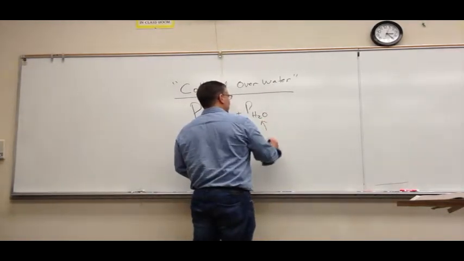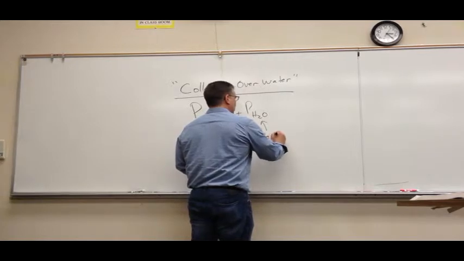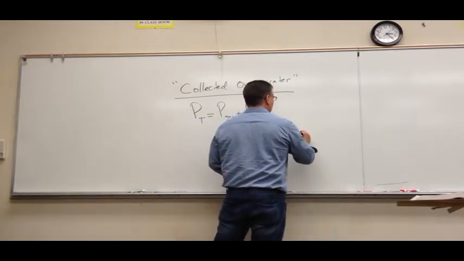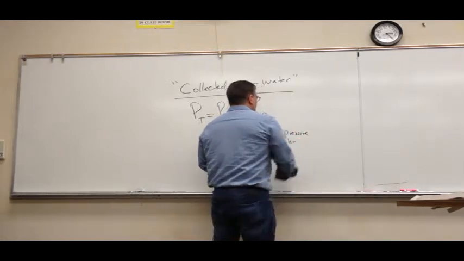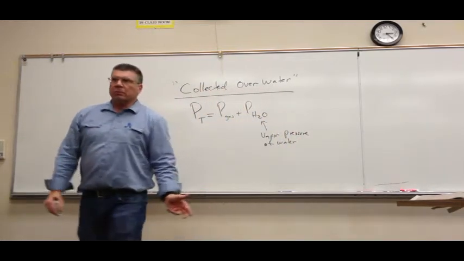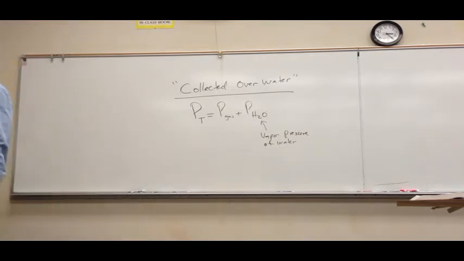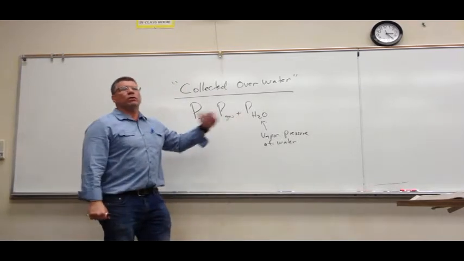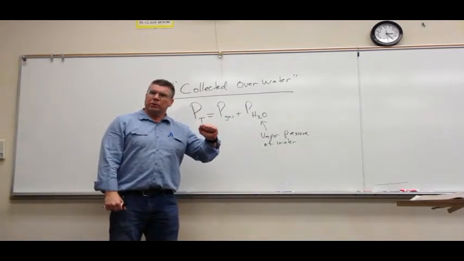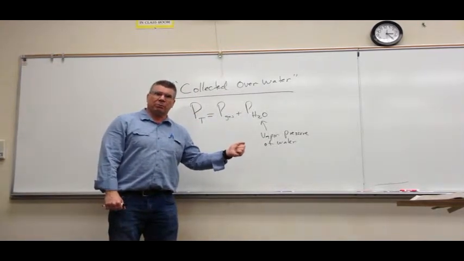Like that table in your wagon. And the vapor pressure of water depends upon the temperature. The higher the temperature, the higher the vapor pressure. We'll talk about that more when we get to chapter 15. But the important thing here is that if you know the temperature, you can look up the vapor pressure of water at that temperature.